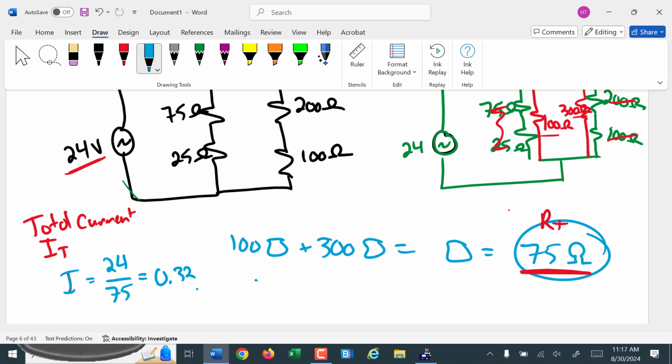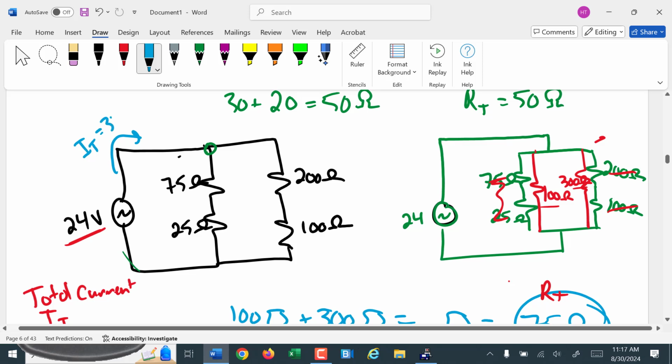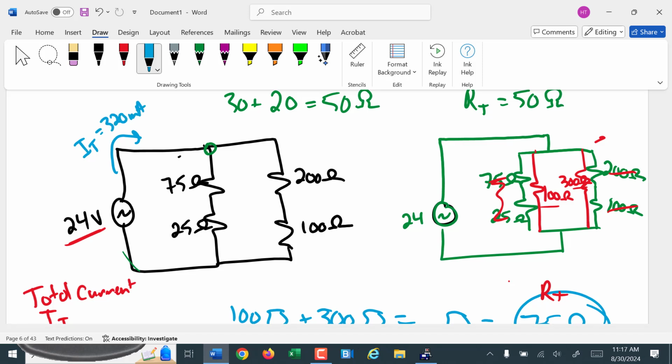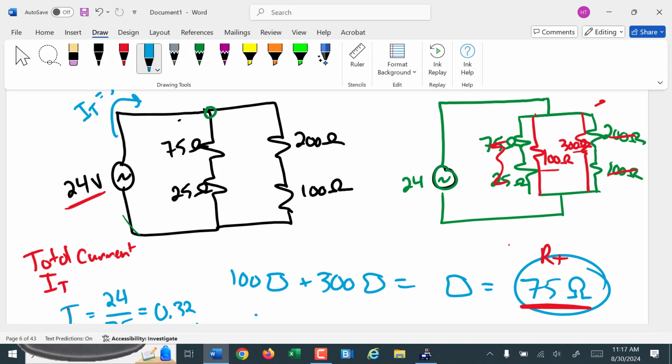So the current is just the voltage of 24 volts divided by 75 ohms, which is going to be 320 milliamps. 0.32 or 320 milliamps. So this is the total current right here.